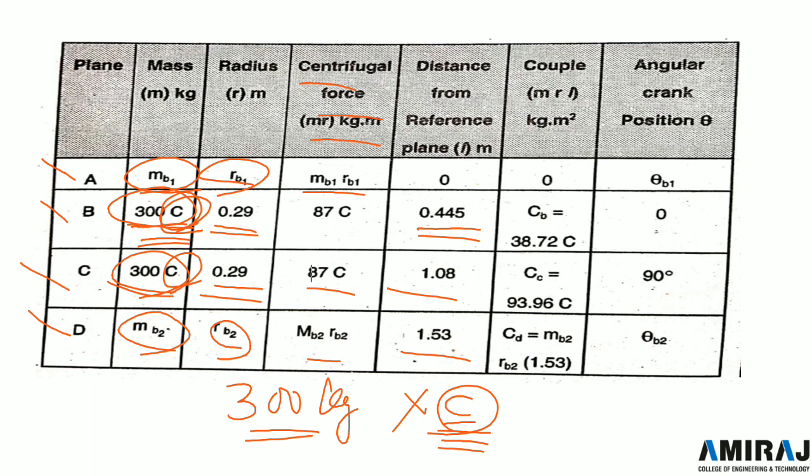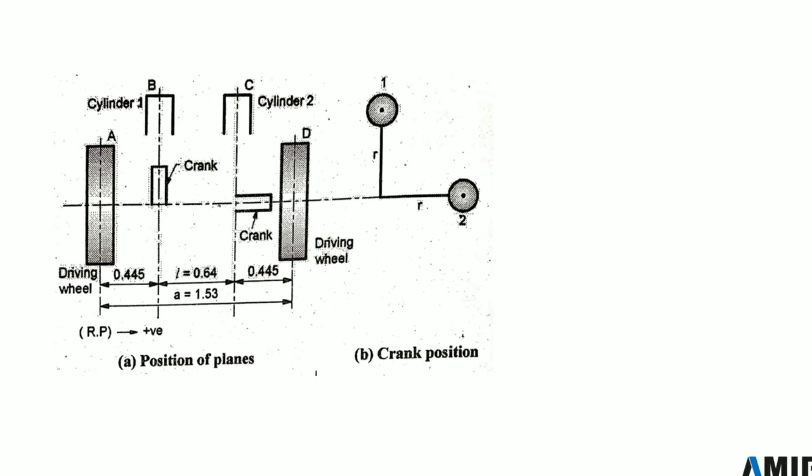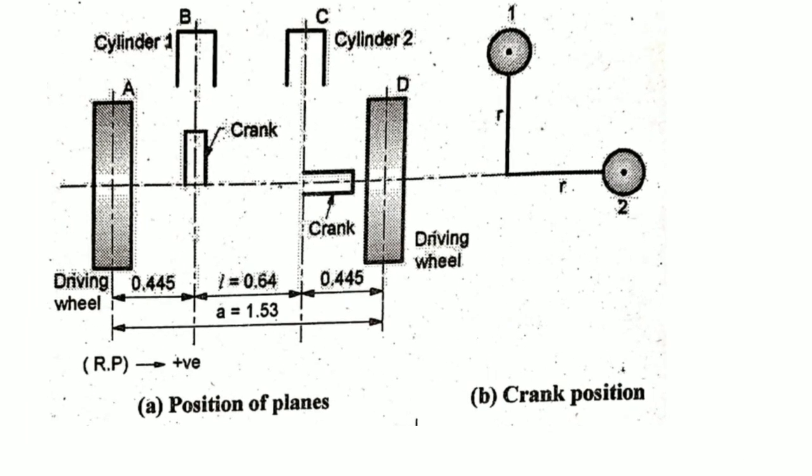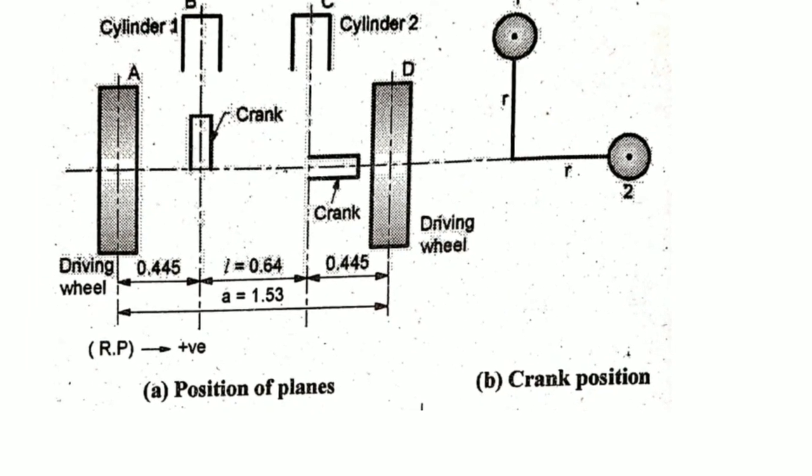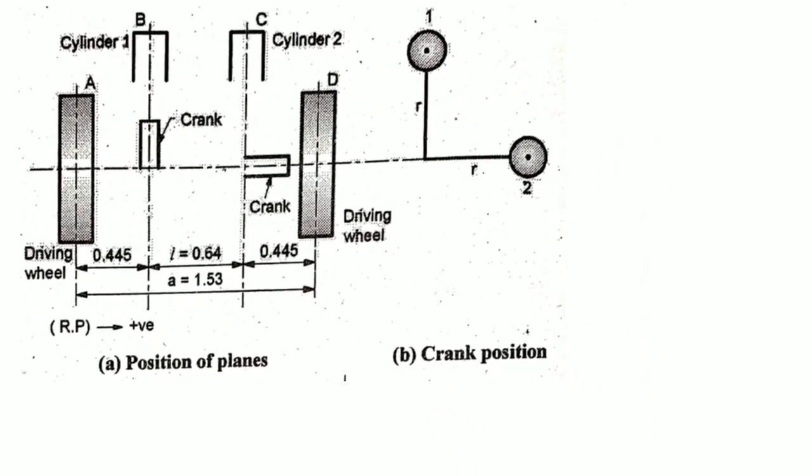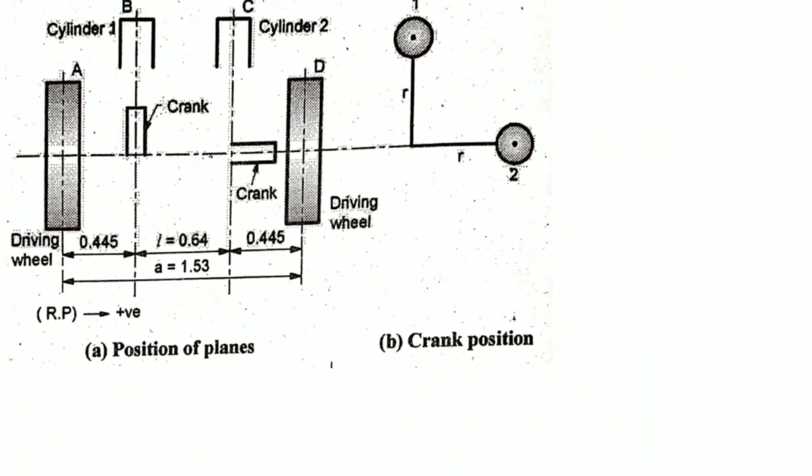Now next, we have to find the couple and the angles, that is theta 0 and 90 and theta b. We will form the couple diagram. This is the position diagram as I have explained in the table. We can see from the position diagram the distance is also given. The total distance is 1.53, and the distance between the crank and wheel is given.